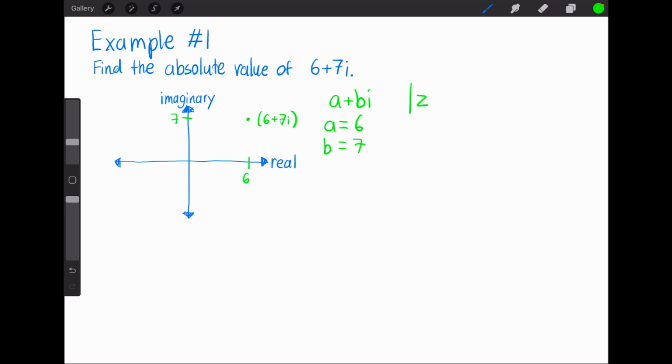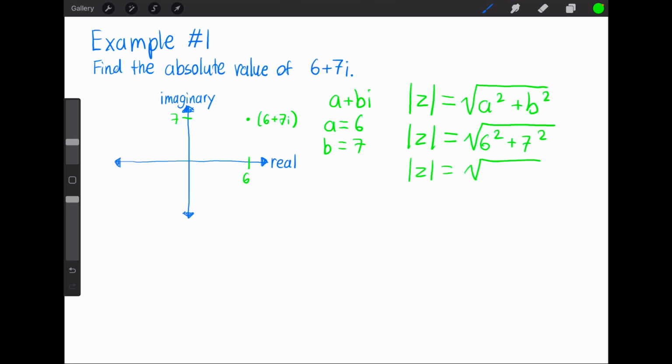The absolute value of z equals the square root of a squared plus b squared. I'm going to substitute 6 for a, and I'm going to substitute 7 for b. The absolute value of z equals the square root of 36 plus 49.